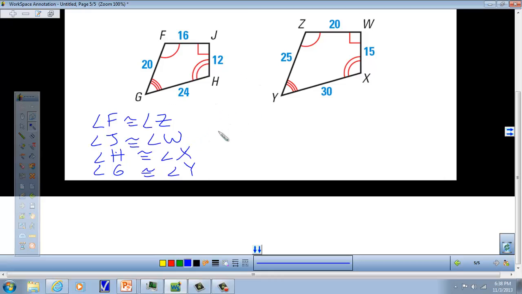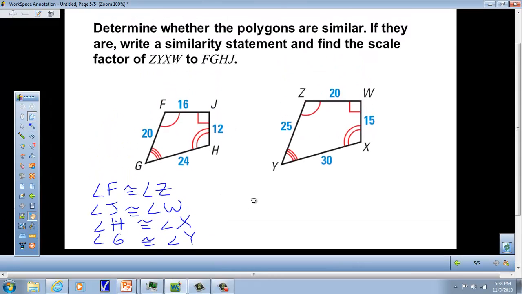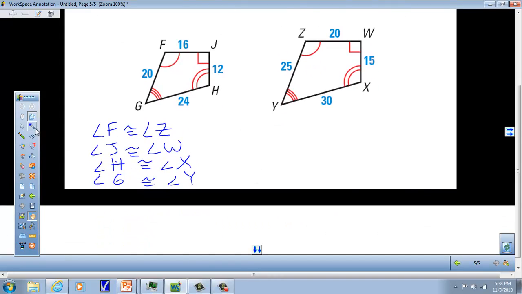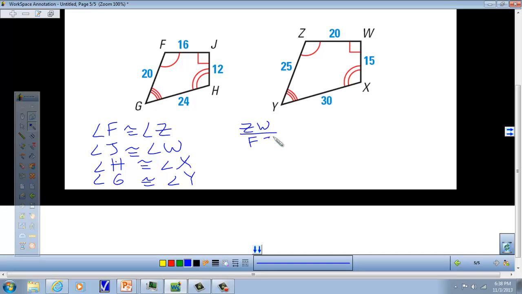Then we want to look at corresponding sides and see if the same ratio appears every single time. Let me take a look here. I'm just going to start with ZW over FJ because those match up.